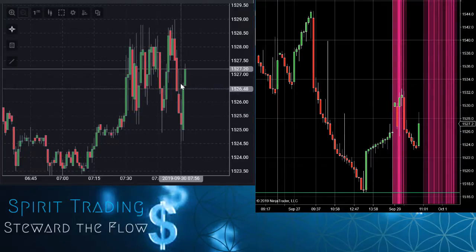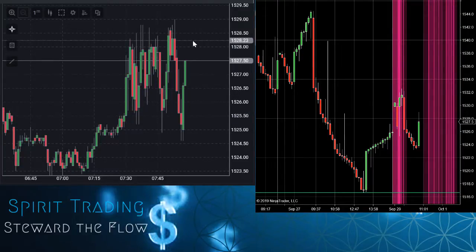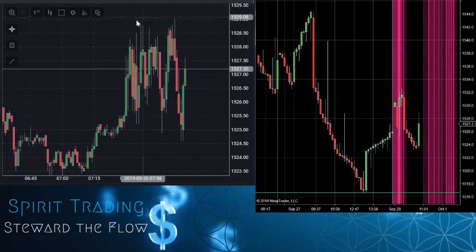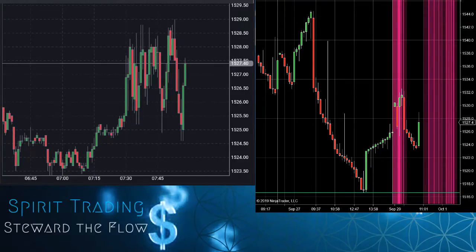But I would not be surprised if you could put another order in here at 28.20 and probably get out at 26.20 again. You know what I mean? Odds are in your favor because it's happened a lot, and it's less likely for this thing to break out to the top side.